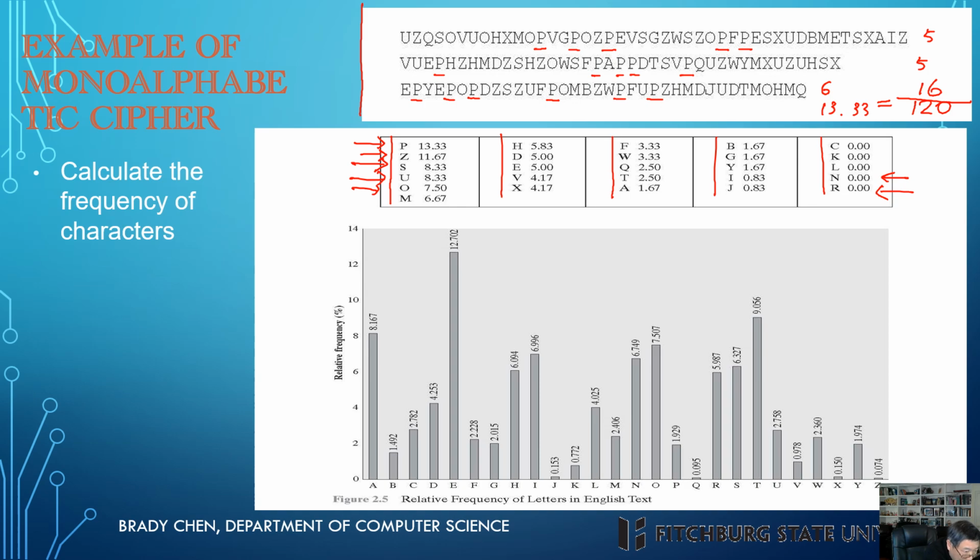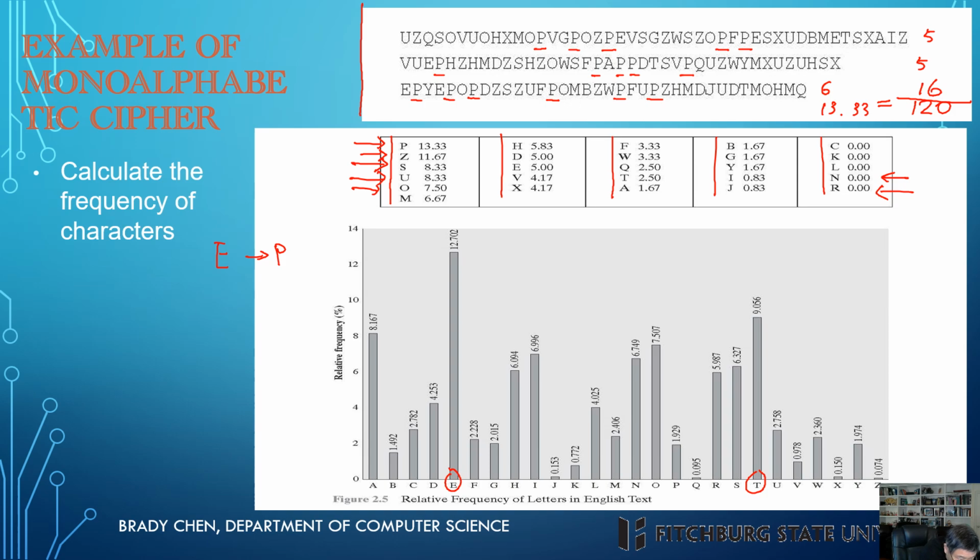So most likely we're gonna assume that the letter P is mapped from E, right? Okay, so P is from E. Now what about the Z? Z is 11.67. Now looks like the second one in the frequency diagram is T, right? It's 9%.